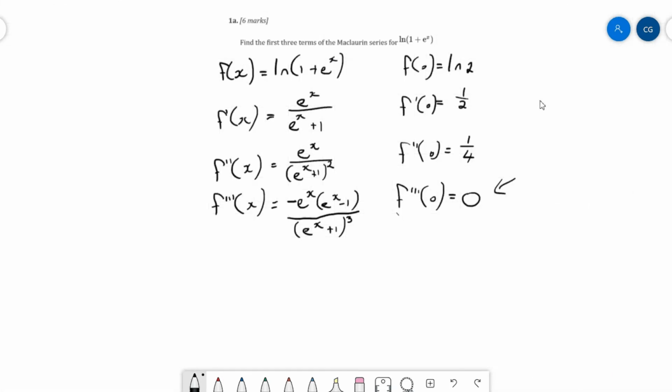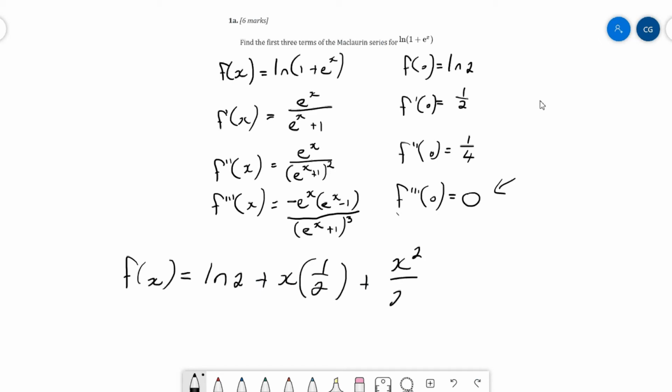So here I can now go and write f of x is equal to, so f of 0 in our case is natural log of 2, plus x times the first derivative at 0, which is a half, plus x squared over 2 factorial times my second, which is 1 over 4.